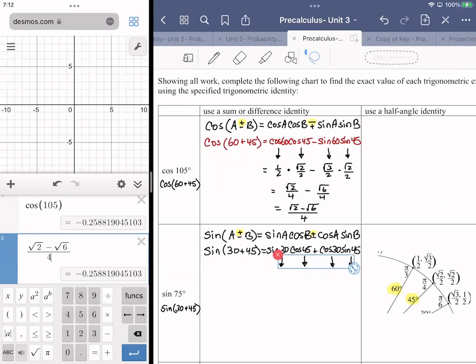So then it's just a matter of referencing the unit circle, at least until you get to the point where you have instant recall on it, which you'll want to have before calculus.